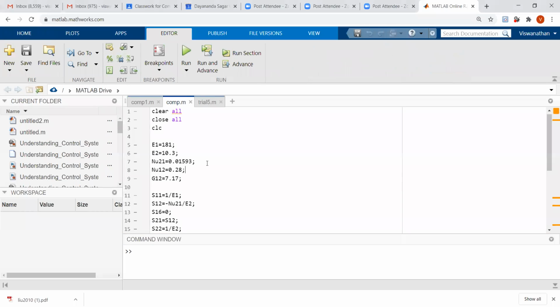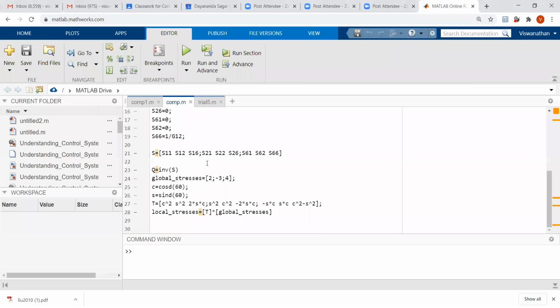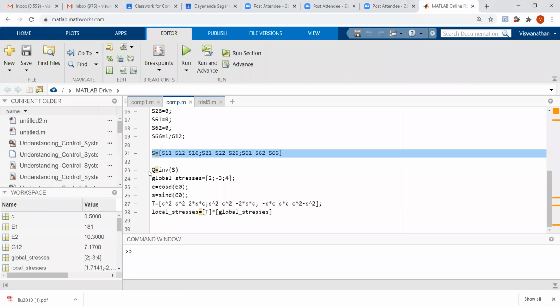So yesterday we did this. We found the compliance matrix, and then we took the inverse of that to get the reduced stiffness. Then the global stresses were given as data.